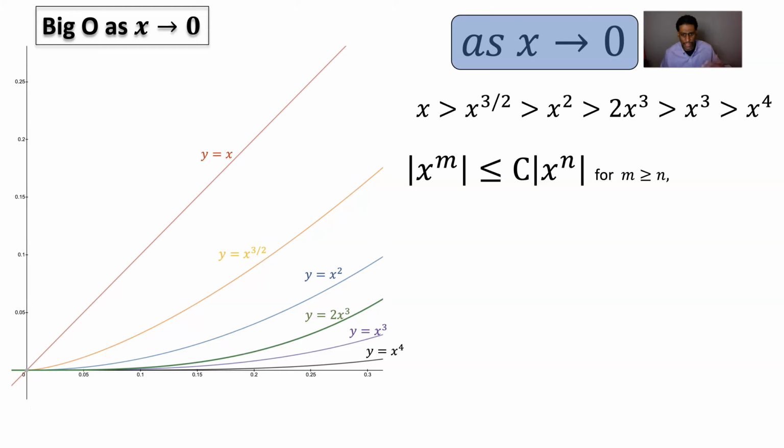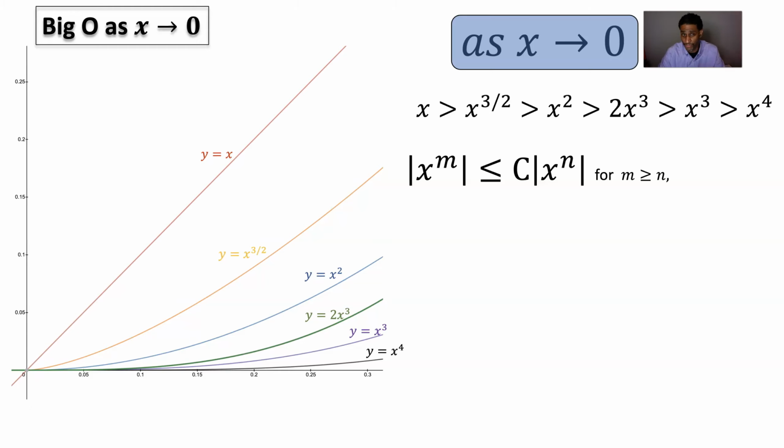So, for instance, x to the 4 is smaller than or equal to x to the 3 as x goes towards 0. We can drop the absolute value bars. Everybody is positive here for the ones that we're talking about. And there's no reason why we have to stop at x, but it's just more visual to stop at x and take a look at these guys.